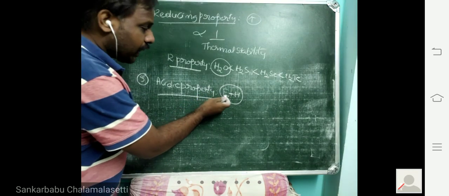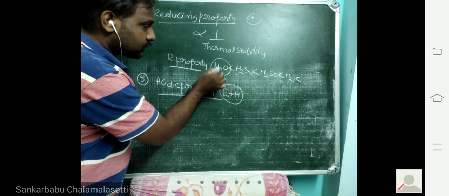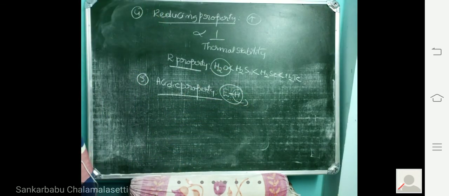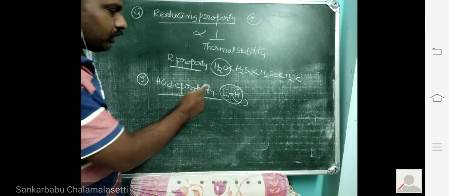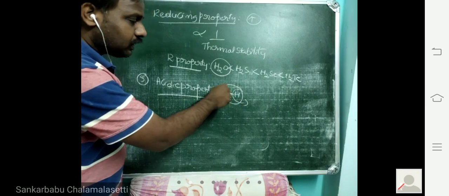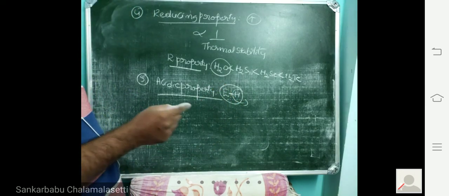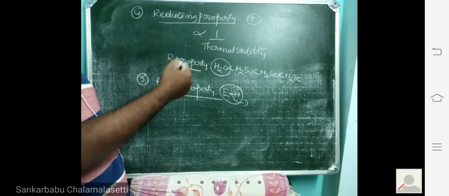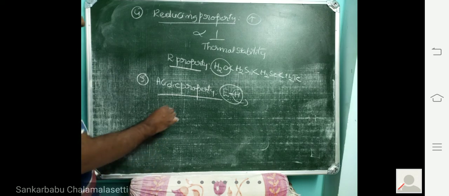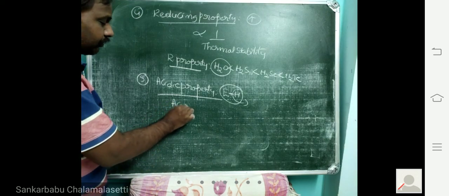If this bond energy is less, then the hydride can release hydrogen more readily. As E-H bond energy decreases, release of H plus ion becomes easy from top to bottom. As a result, the acidic nature, the ability to donate H plus ion, increases from top to bottom, hence acidic strength increases.